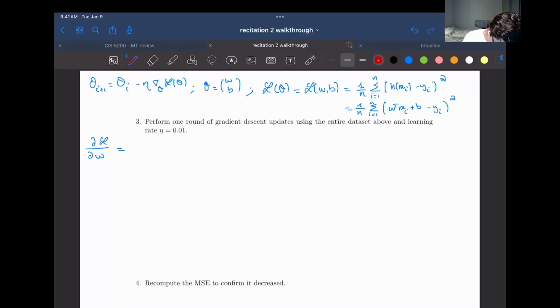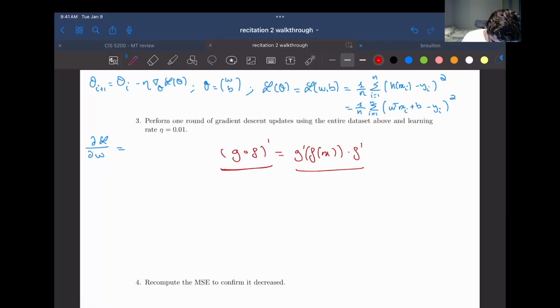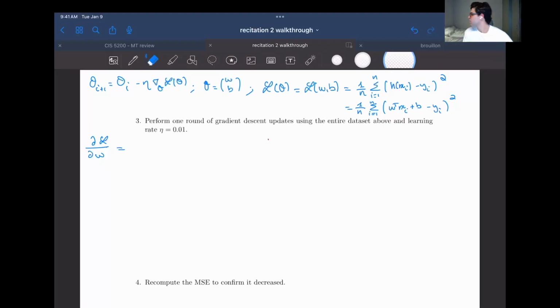A quick reminder, we should all have seen this by now: this is the chain rule. When you have a composite of two functions, the derivative is g prime of f of x times f prime.